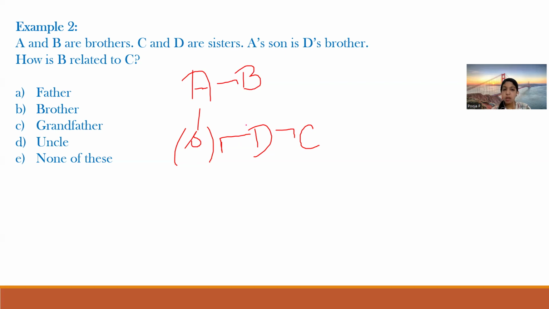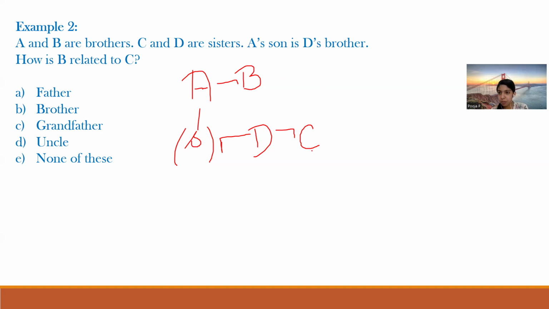Now in this, D and C may be kids of B or may be kids of A. They might share the same father A, or the same father B, or they could belong to three different parents as well. They've not told if A and B have other sisters also. D and C could be their kids as well.